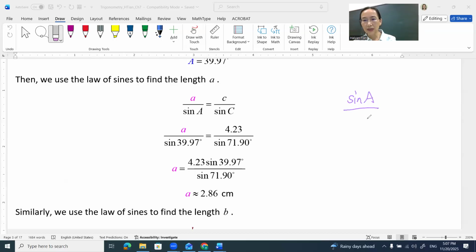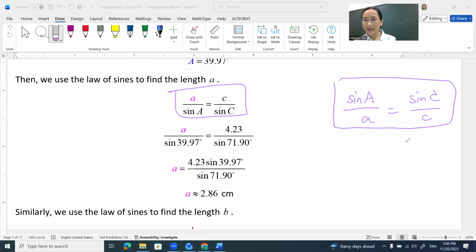Suppose it's sine A over A equals sine capital C over c. If you use the flipped version instead of this one, what's the difference? Then you continue, you still know everything except A. A is the only thing to be found.